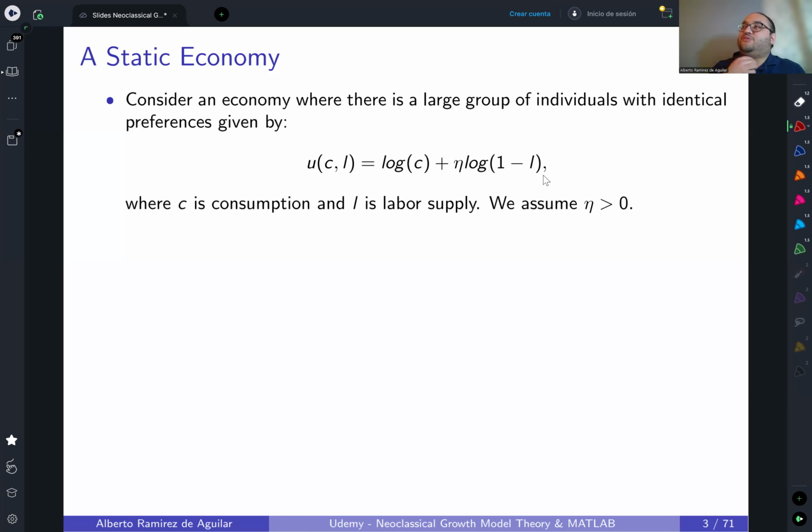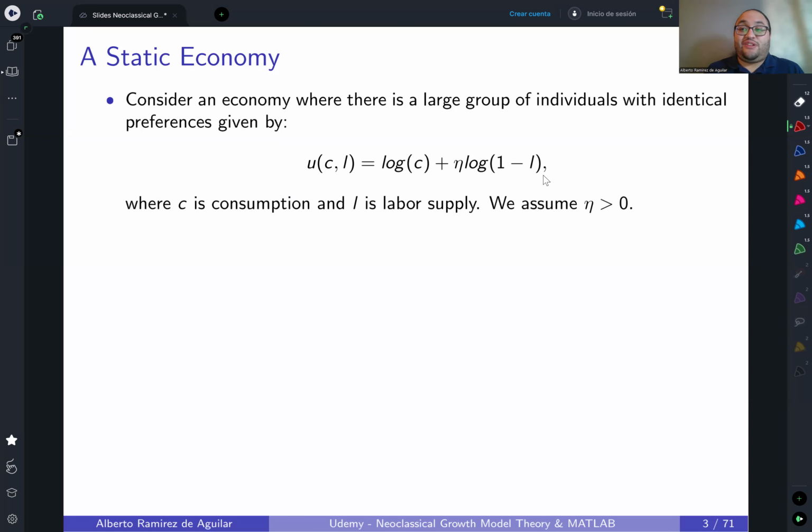So one of the things we're going to be doing in this lecture and generally in the course is assuming that the economy, which we can think of as a country that we're trying to model, is a world in which there is a very large number of individuals.